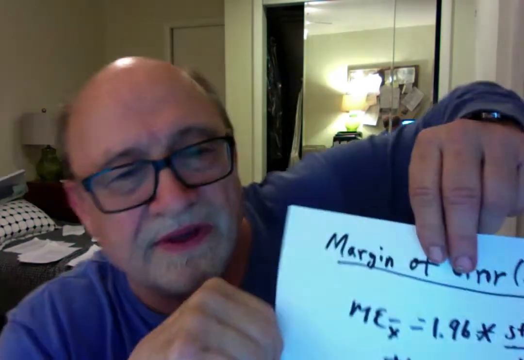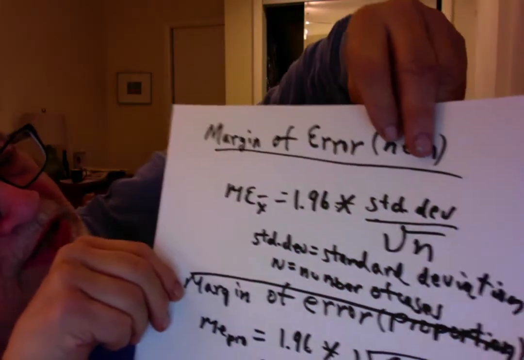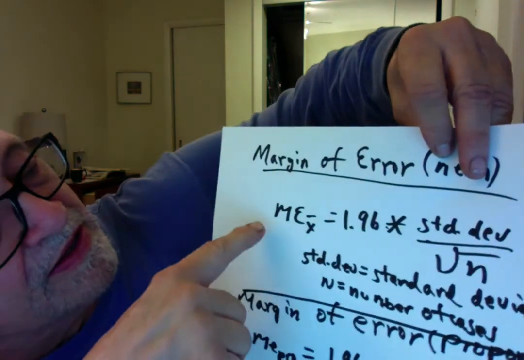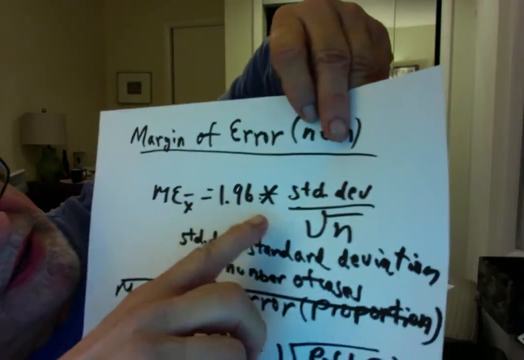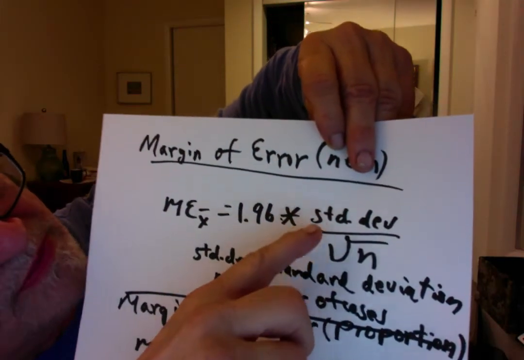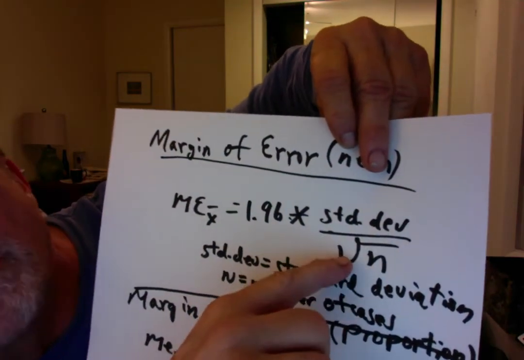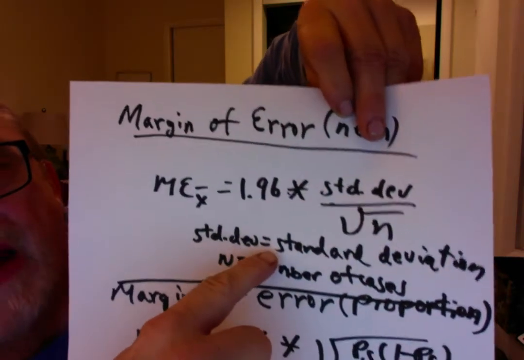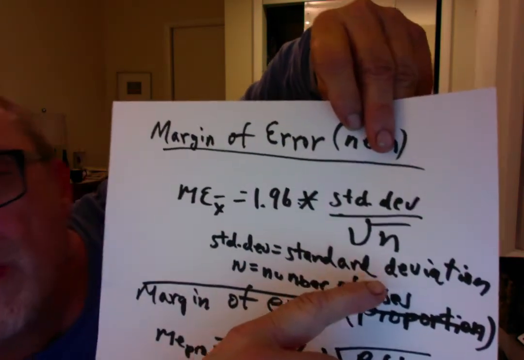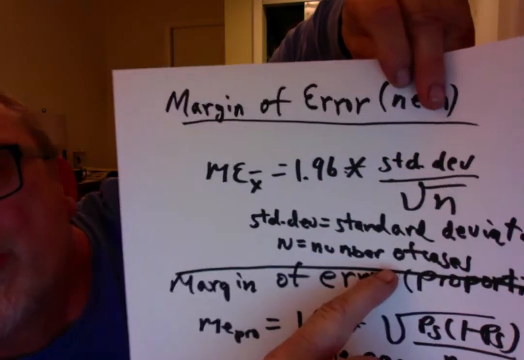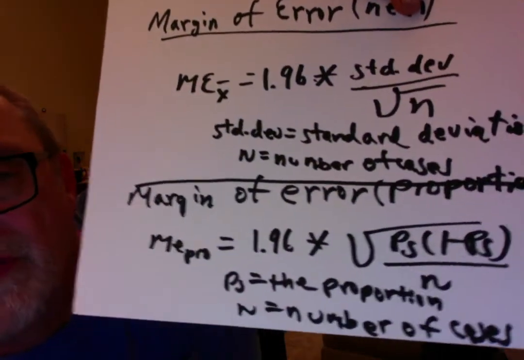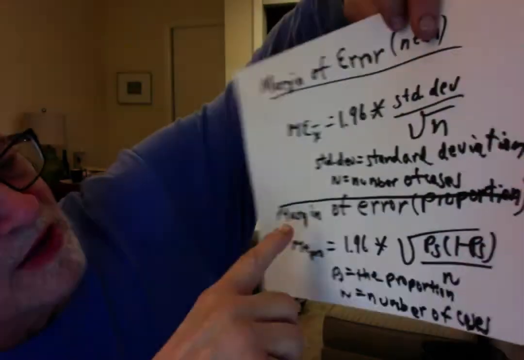And this is the way that we calculate the margin of error for the mean. The margin of error for the mean, where x bar is what the mean represents, is 1.96 times the standard deviation over the square root of n. The standard deviation is just a measure of how dispersed the cases are. N is always the number of cases in all of these formulas that we have.